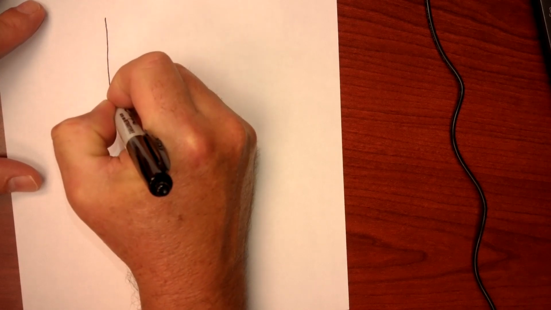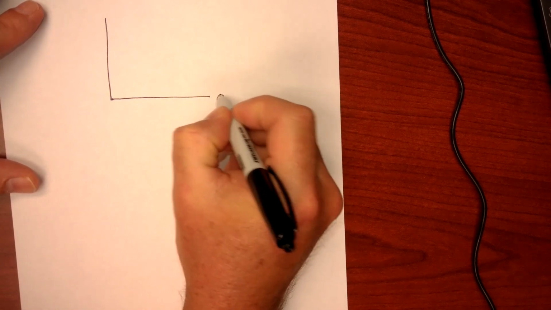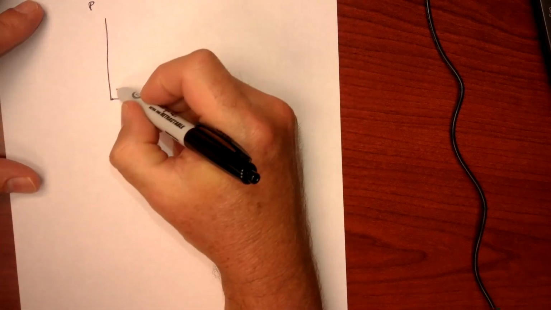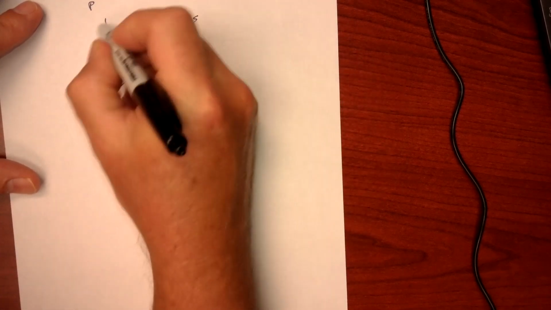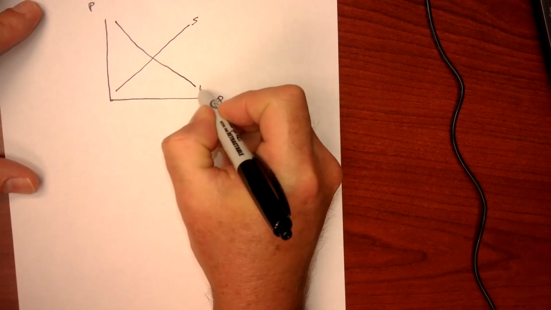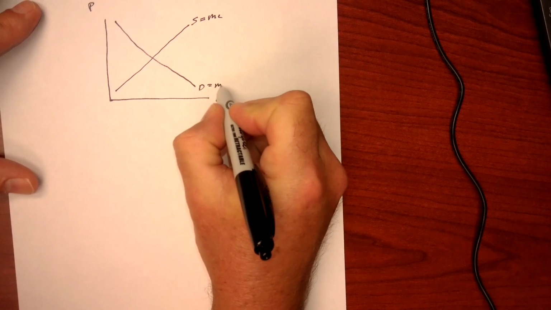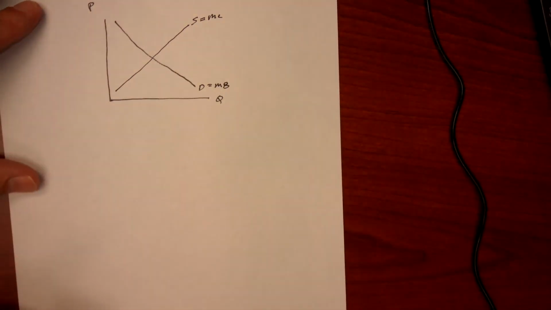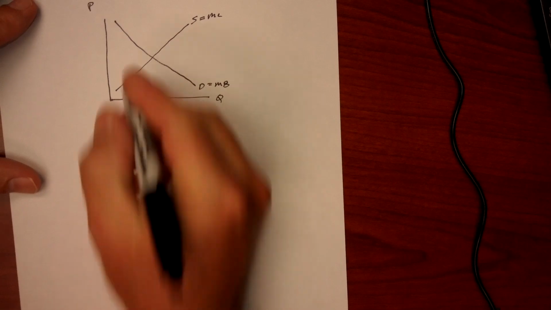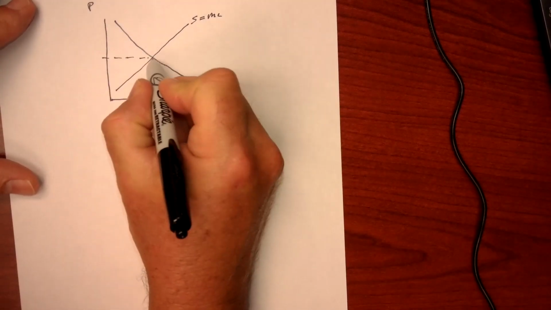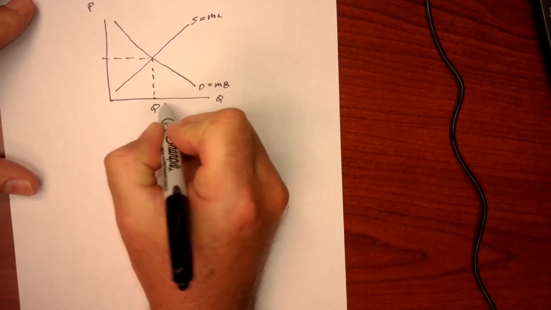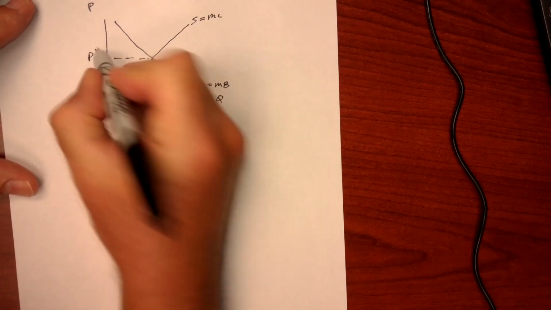Now, that said, if we put the two together, we get supply, we get demand, and because they're both equivalent to marginal cost and marginal benefit, the equilibrium amounts you get must have an equivalent but opposite argument.